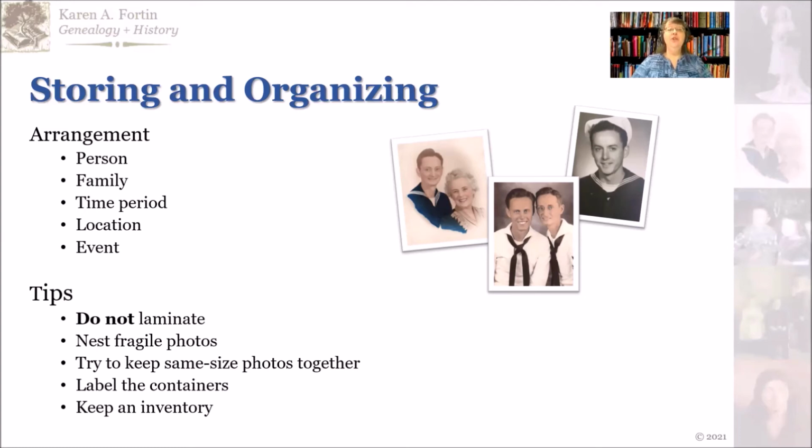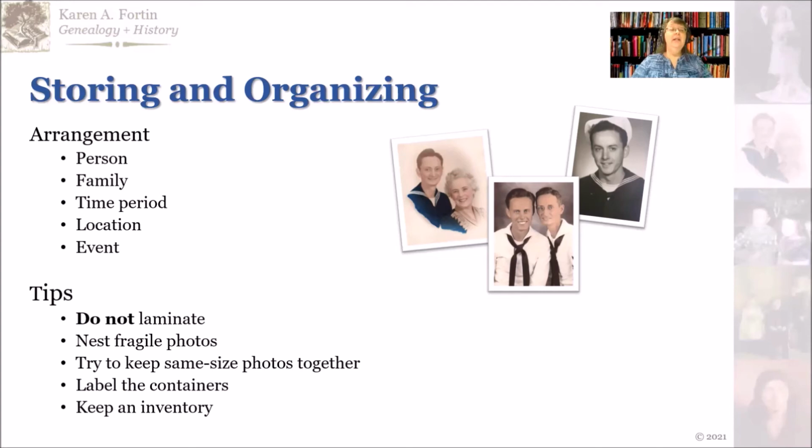If you have a particularly fragile photo and you want to put it in a box such as that I showed on the previous slide, where it can be individually sized for that photo, you might consider nesting it by first wrapping it carefully in that archival safe tissue or interleave in order to keep that photo from shifting in the box.